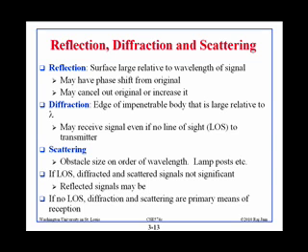Suppose you are sending a signal which has a wavelength of 1 micrometer and the object itself is 1 micrometer, it will scatter. As opposed to if the object is very big, then it will reflect. But if the object is very small and you send a big wavelength wave to it, it will be scattered. All right? And we use another term called LOS, line of sight. Line of sight simply means a straight line.